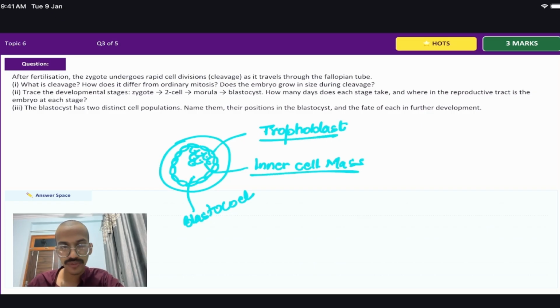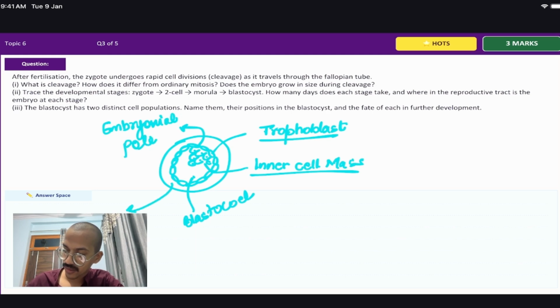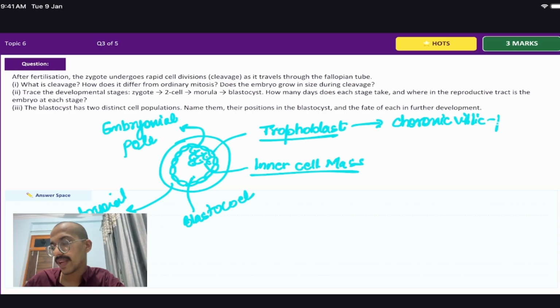Their position we have also shown: this would be the embryonal pole, and this the other pole. Their fate: the trophoblast will change into the chorion, chorionic villi, or the placental part.